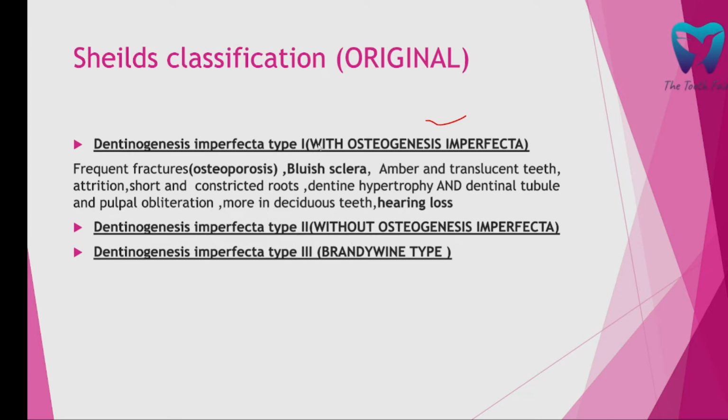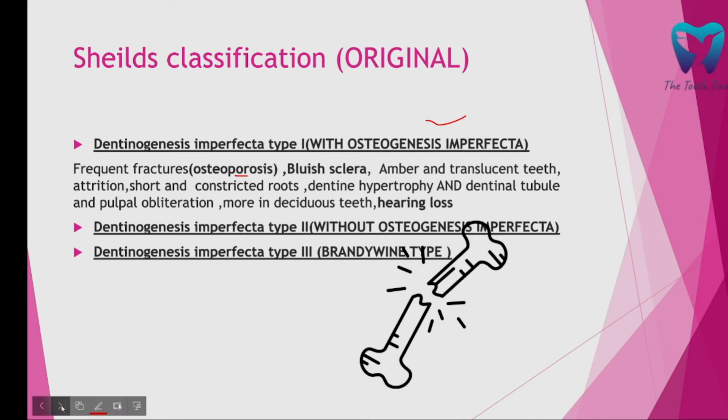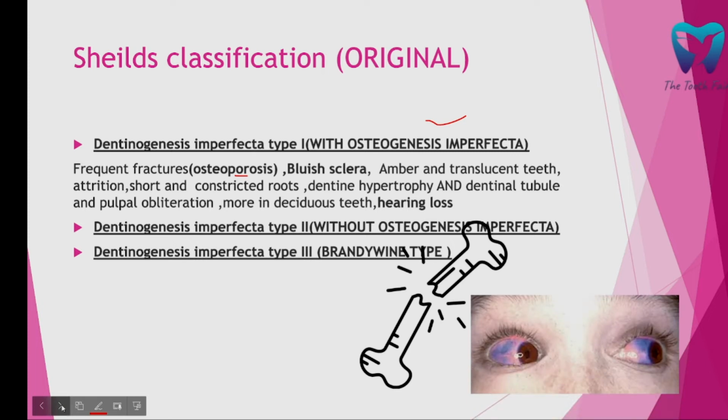Now, in case of the first category, there are going to be problems with bones also. So there is osteoporosis, that is frequent fractures, and bluish sclera, and then we have problems with teeth also. They have a bluish hue, like amber, bluish gray, and they are translucent. They easily wear off, that is attrition.